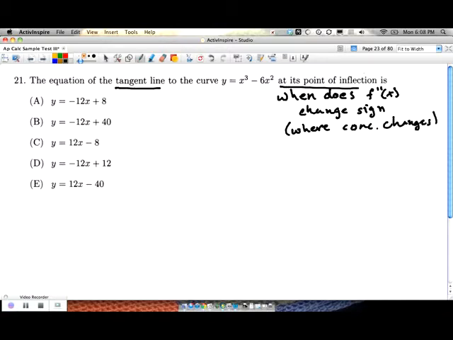And then we've got to take that x value, whatever it is, and plug that into the first derivative and find the tangent line.